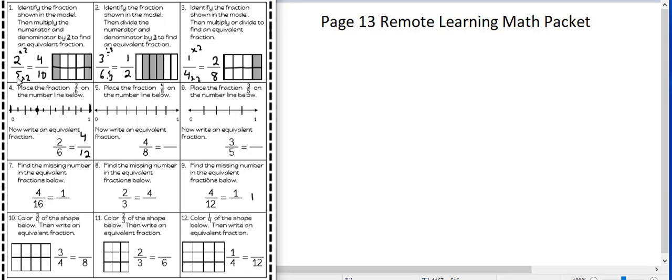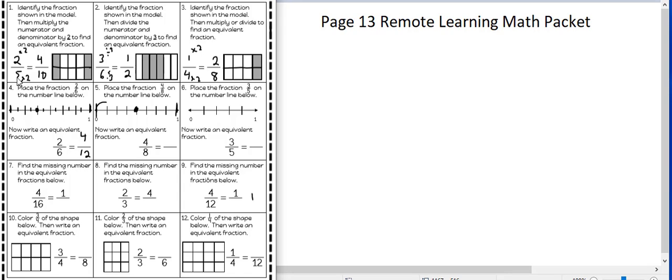Now write an equivalent here up top. Place the fraction 4/8 again. We've got to put our marks here and there. All right. So we have 1, 2, 3, 4, 5, 6, 7, 8 pieces. 1, 2, 3, 4. So that would be 4/8, and I need an equivalent fraction for 4/8.